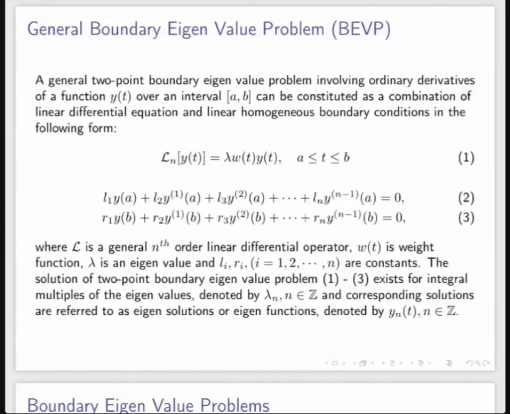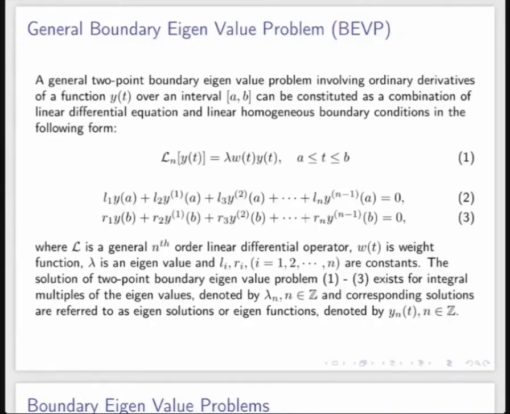And you should be knowing that non-trivial solutions of this boundary eigenvalue problem will exist only when the differential equation is homogeneous and the boundary conditions are also homogeneous. So that's the condition to be satisfied for the eigenvalue solutions.